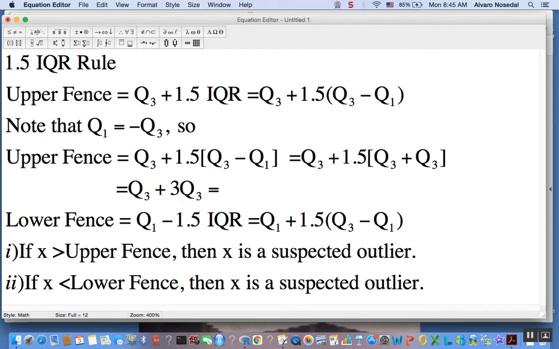So this is just 4 times Q3. That would be the upper fence.